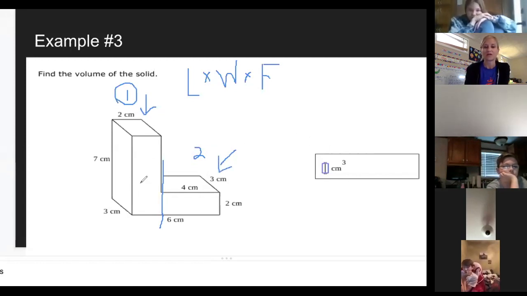Okay. So for shape 1, I'm gonna do that area, which is length times width times height. Can anyone tell me how I find the volume of this one right here? What's the numbers?